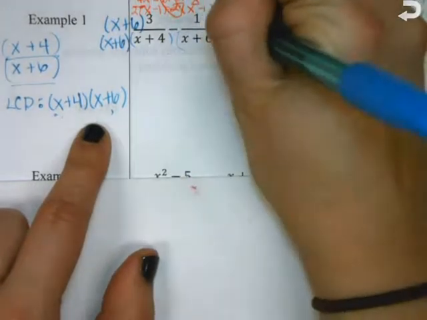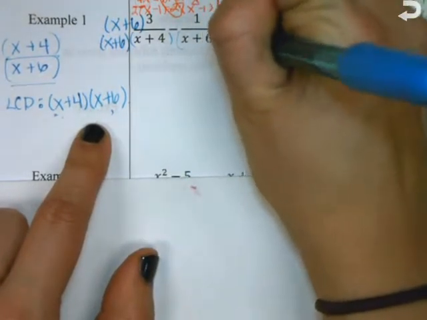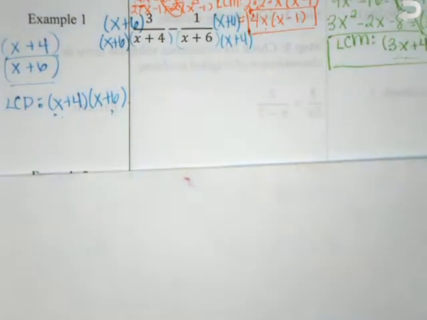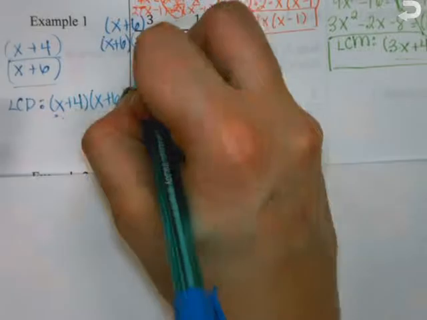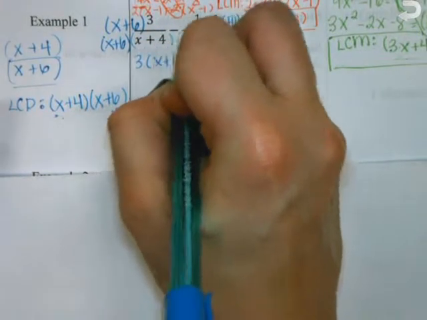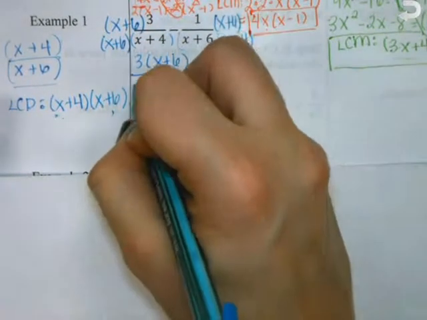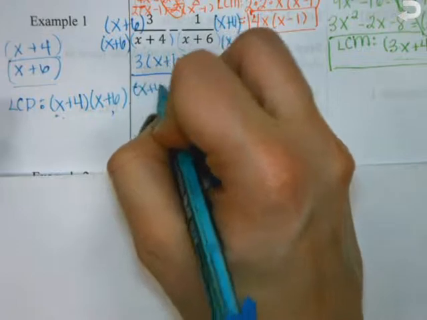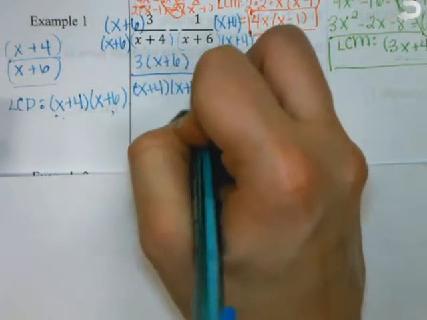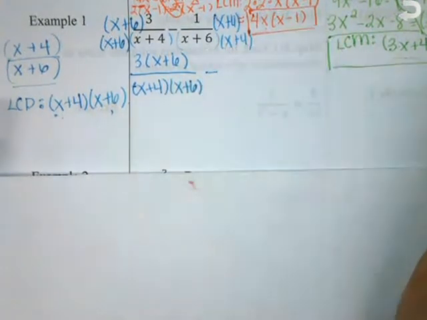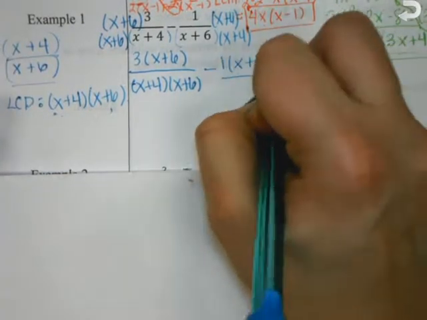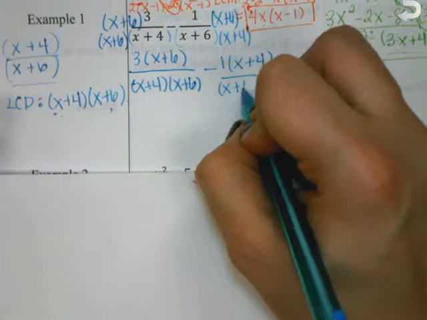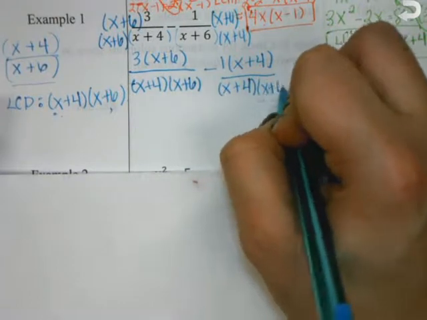Now all my work is a little squished, so I'm going to write it all out again. So this would become 3 times x plus 6 over that new common denominator, x plus 4 times x plus 6, minus 1 times x plus 4 all over x plus 4 times x plus 6.